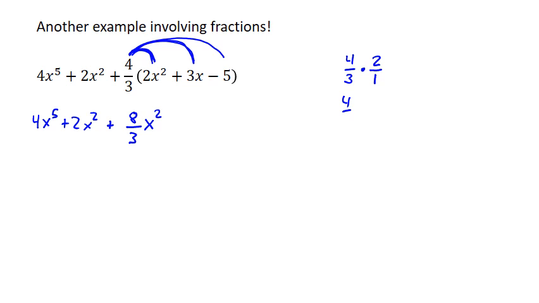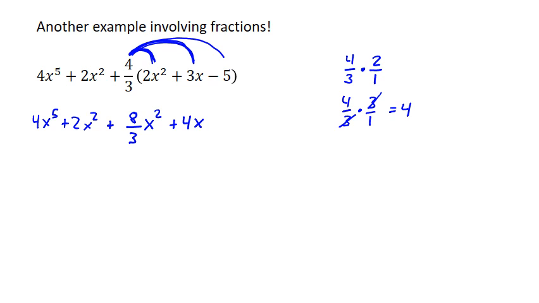So 4/3 times 3, I'm going to do 3 over 1. Now what I notice here is I can cross-cancel the 3's, and I'm simply left with 4 over 1. 4 over 1 is just 4. So distributing this 4/3 into 3x just becomes plus 4x.